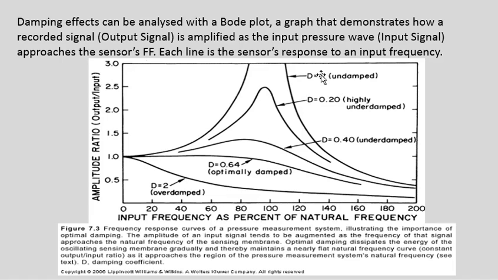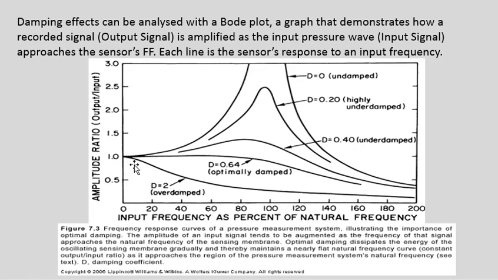An undamped system has a damping coefficient of 0, maximum damping is 1. So if you introduce some amount of damping, that augmentation, that exaggeration of the output signal is suppressed. If you introduce even more damping, then it's suppressed even more. But that signal is still called underdamped, in that it needs more damping to be a true value, to be exactly, say, the 120 millimeters pressure.